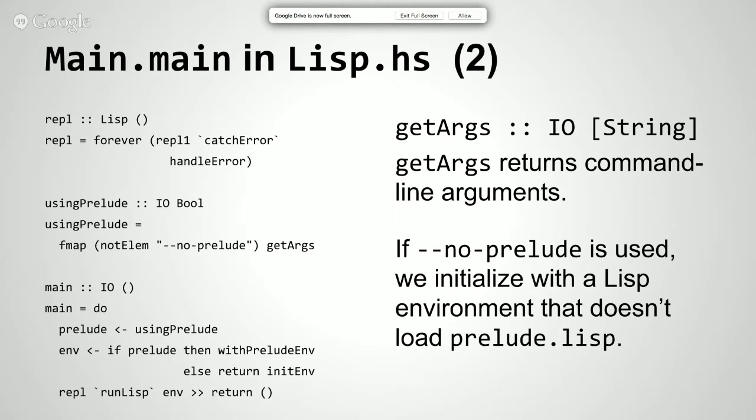And we fmap the check for "--no-prelude" to determine whether we're using the prelude. The prelude is a Lisp file that the Lisp that I've provided executes before it does anything. If you use no prelude, then it will just do a very minimal environment called init-env instead of the with-prelude environment.